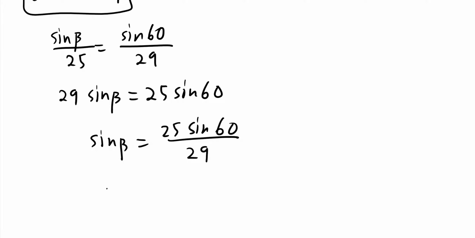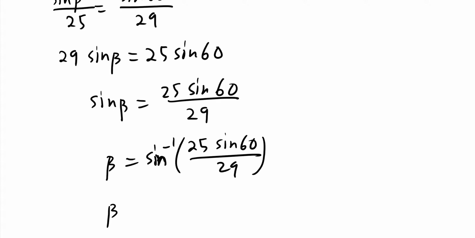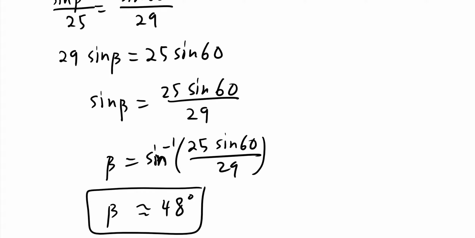That gives us beta equals sine inverse of 25 sine 60 divided by 29. If you put that in the calculator, beta is about 48 degrees. I found beta.